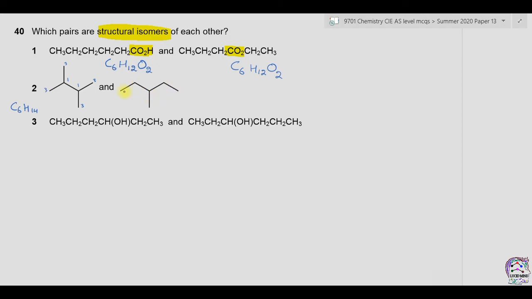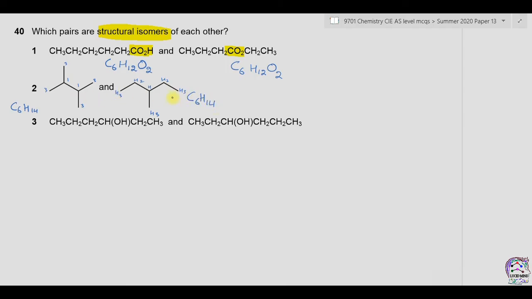For the second option we have 6 carbon atoms, and 14 hydrogen atoms.